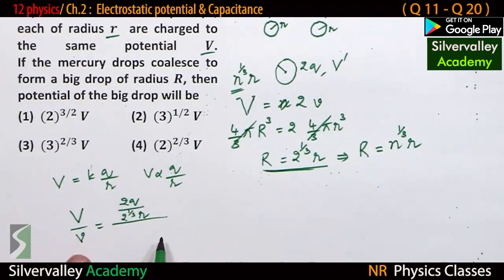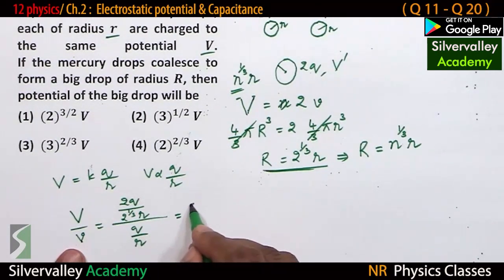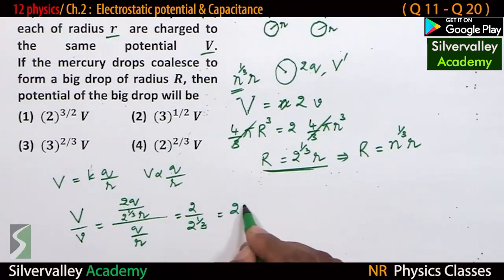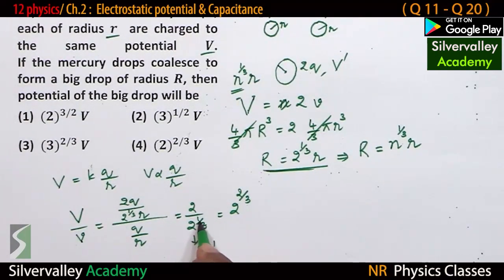Potential of smaller drop, small charge by small distance. Q by r gets cancelled. We are left with 2 by 2 to the power of 1 by 3, which is 2 power 1 minus 1 by 3 equal to 2 to the power of 2 by 3.